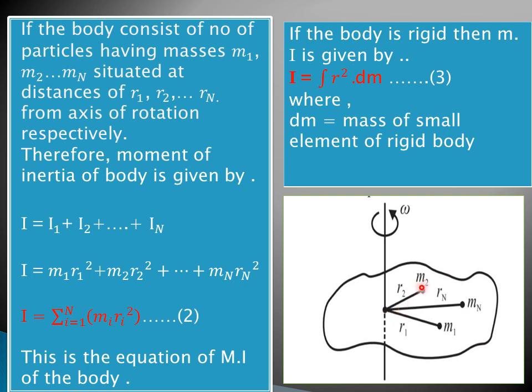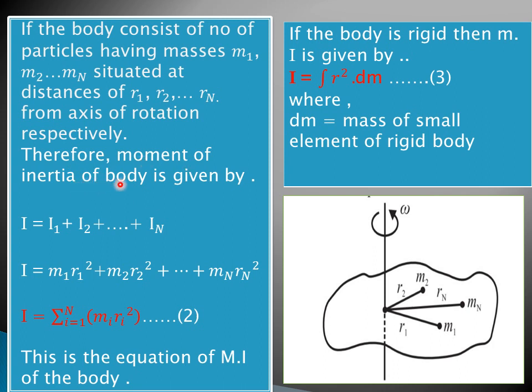This is the second particle of mass m2 at a distance r2. This is the last particle having mass mn and distance rn from the axis of rotation, and all particles are rotating about this axis with constant angular velocity omega.